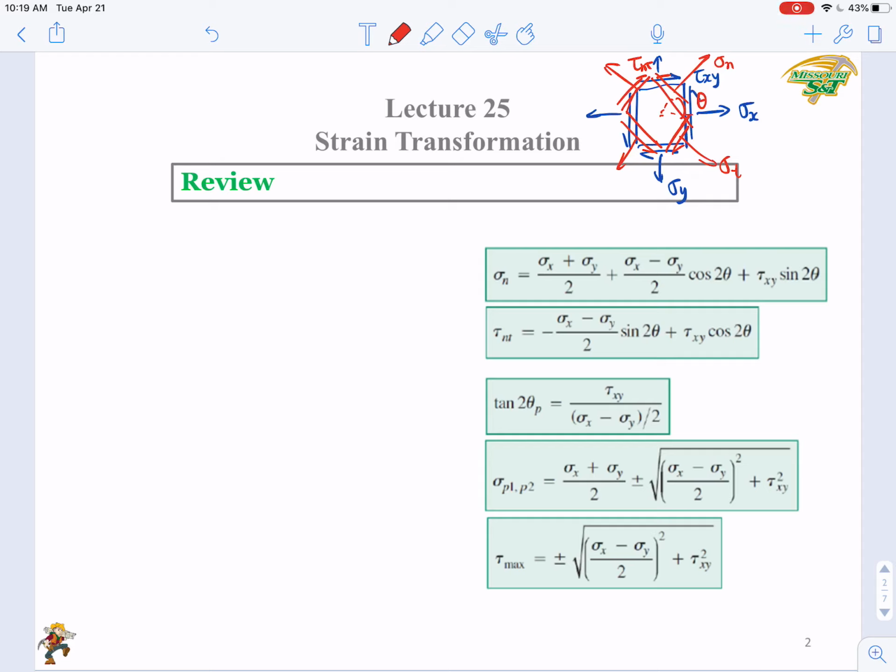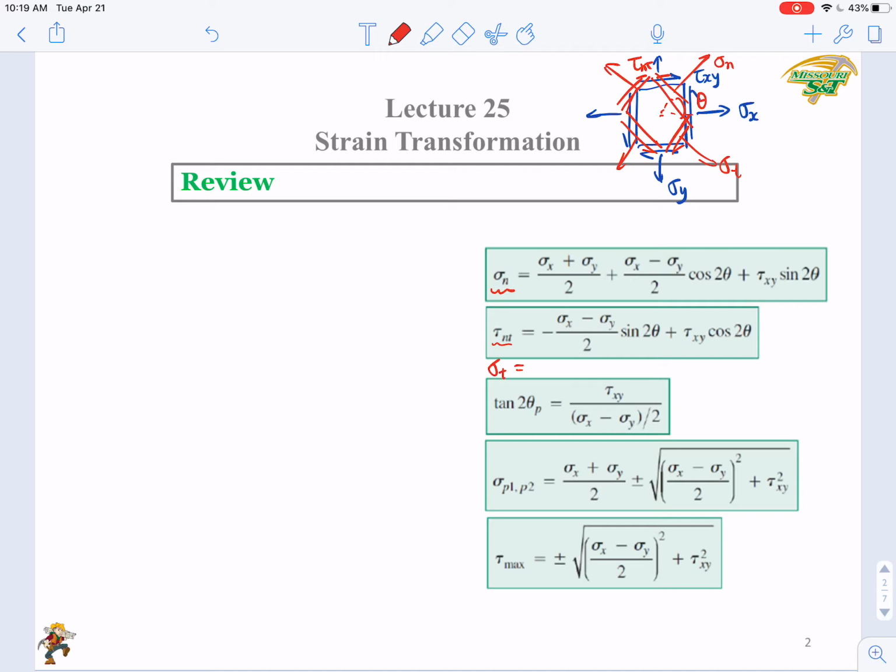tau nt. Okay, those are the equations where you can calculate the value of sigma n from sigma x, sigma y, and tau xy, and calculate the tau nt from sigma x, sigma y, and tau xy. Okay, of course we have the third equation. That is the sigma t, right?